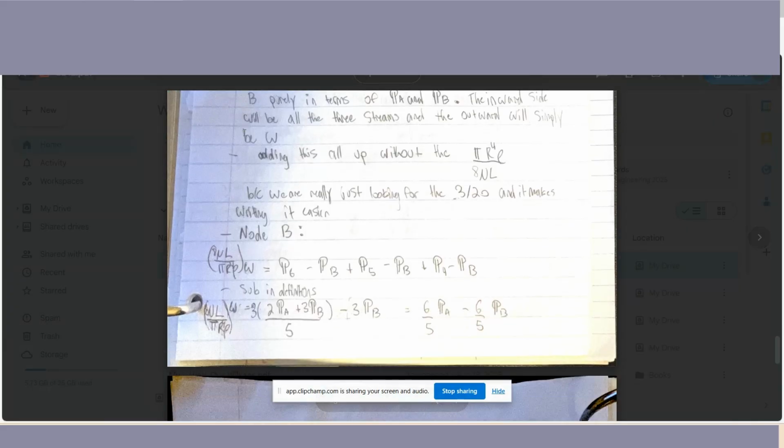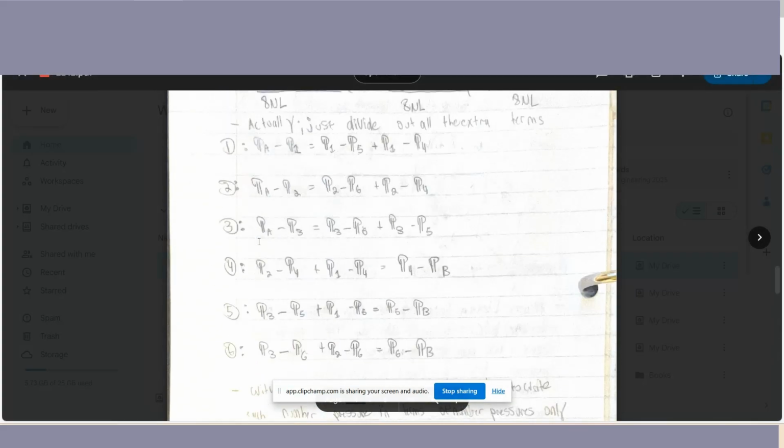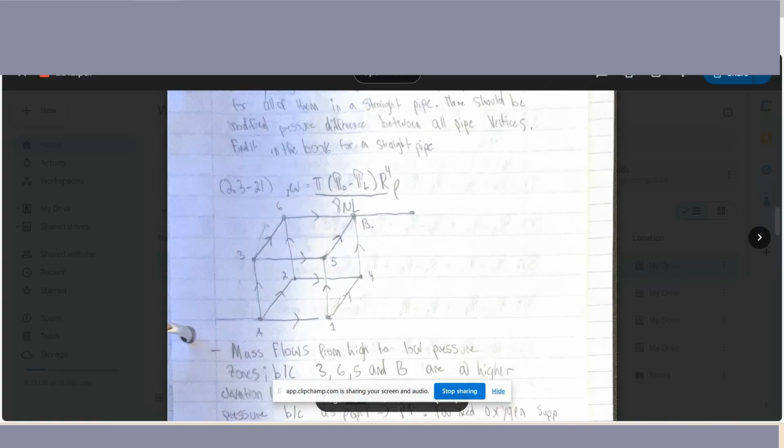So now we're going to do a mass balance around node B. Basically, this W is the objective that we're trying to find, and we know all of the pressures at points 1 through 6 in terms of PA and PB.